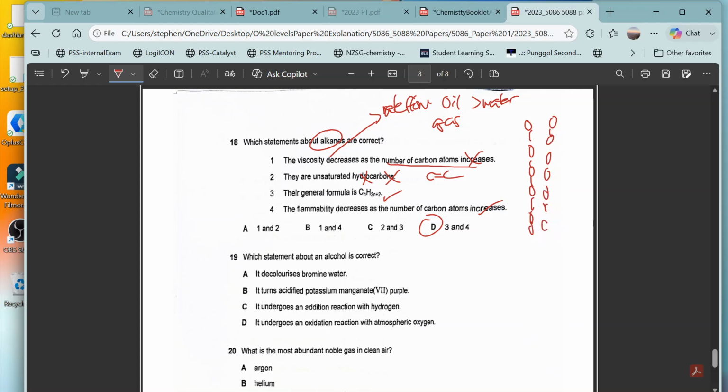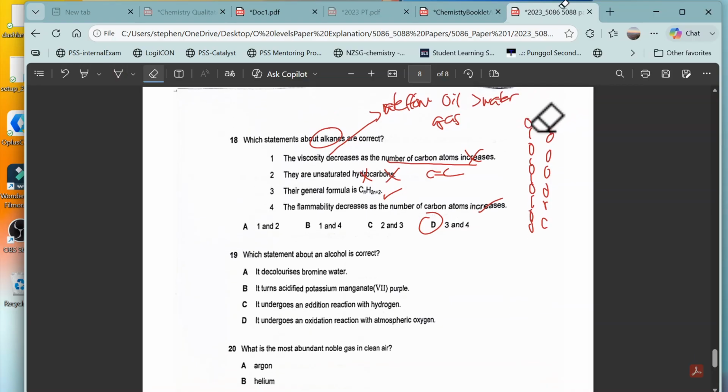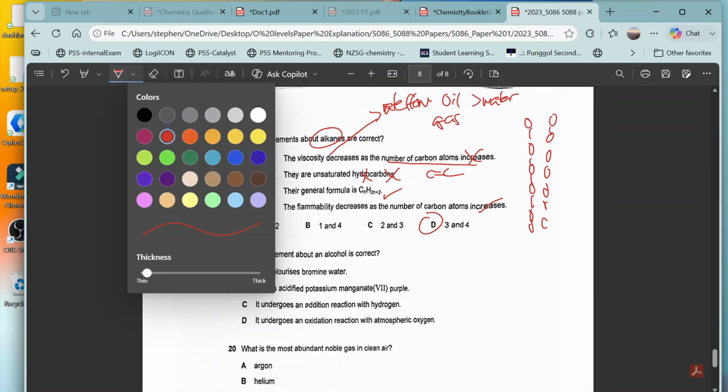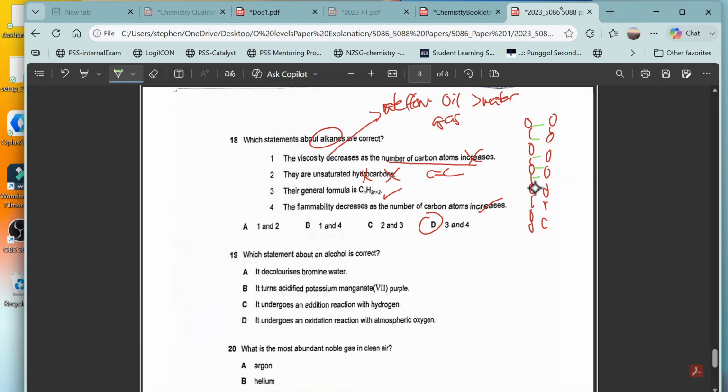right? Can I erase? I can't erase this. See, you have more intermolecular forces of attraction. If you have more intermolecular attraction, the flow will it decrease or increase?